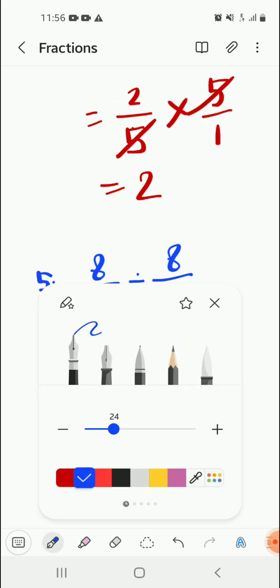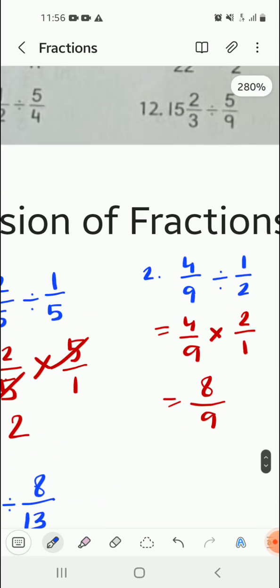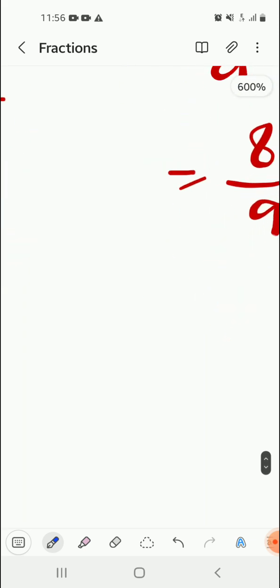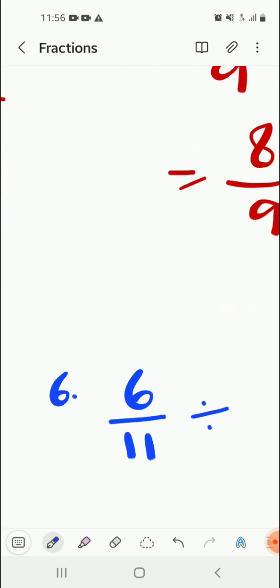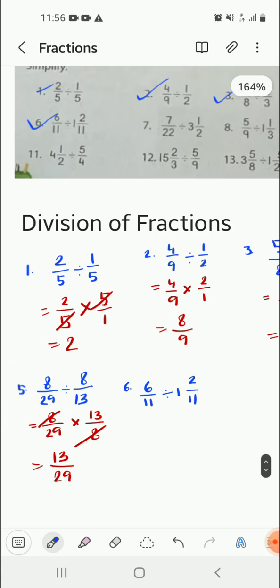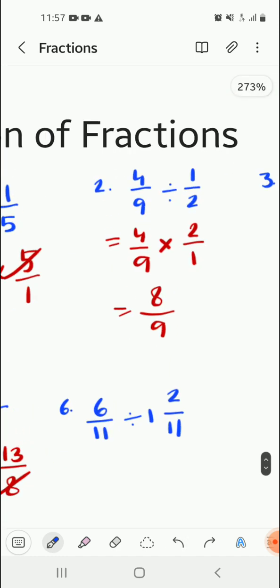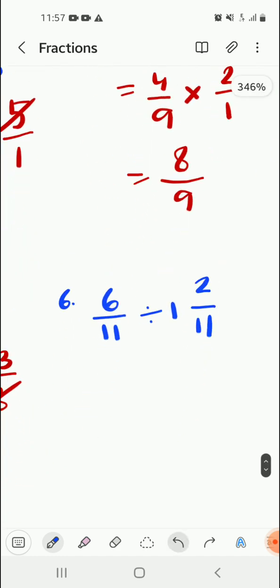Moving on, number 6. 6 by 11 divided by 1 2 by 11. Now here we are going to again follow some steps, but here we have one mixed fraction.